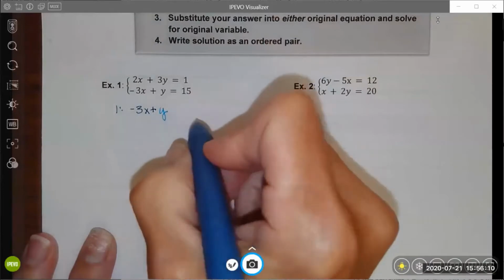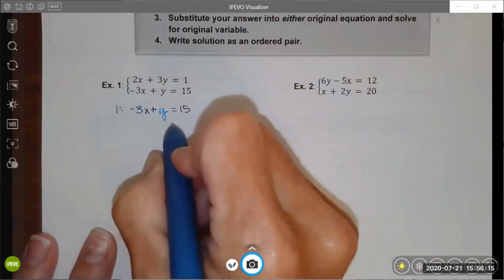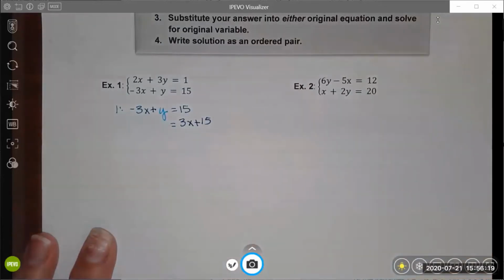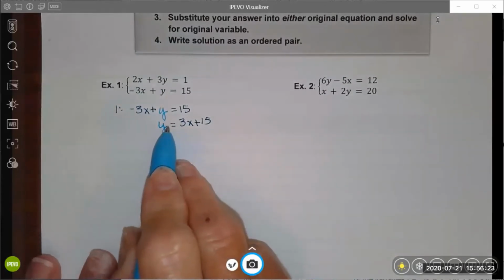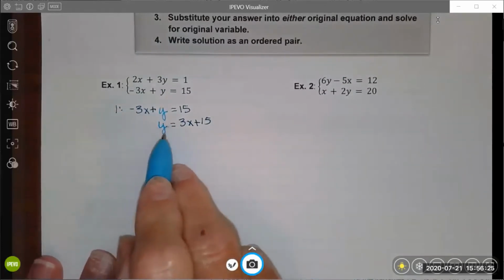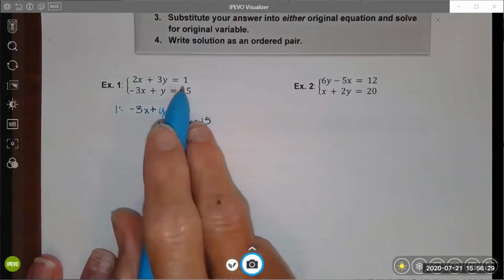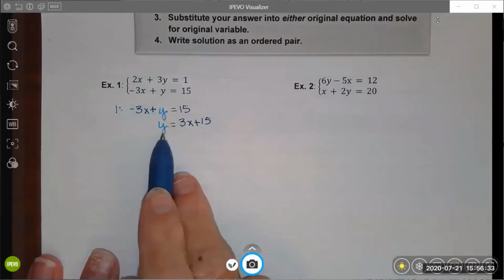And if we solve for y, that gives me y equals 3x plus 15. So now I have isolated one of my variables. I'm going to use the other equation, the one that I did not use, which is this one up here.